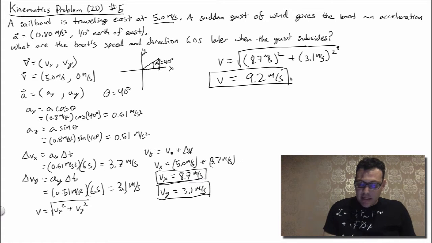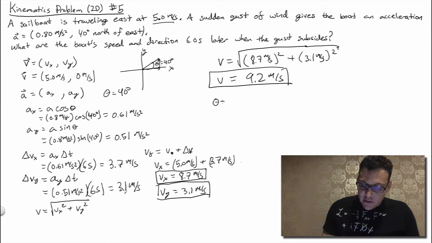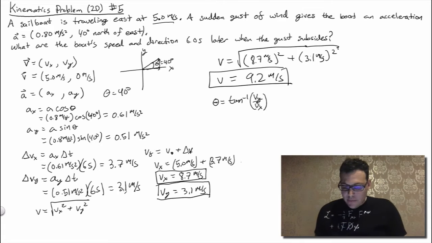The other thing is it's asking for the direction. So it asks for the speed and the direction. You get the direction through trig. Also, the angle, the direction, is equal to the arctan or the inverse tan, same thing, of the velocity in the y over the velocity in the x. So if you want direction, do this.